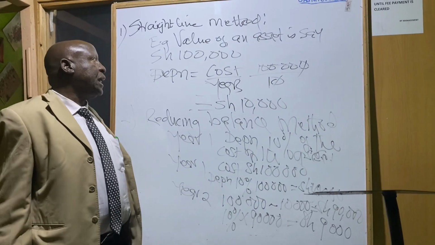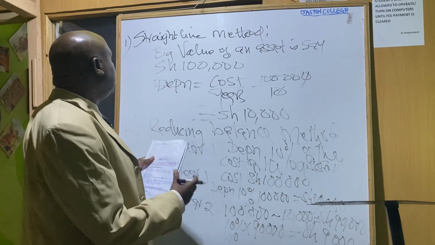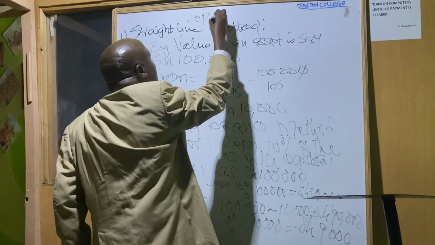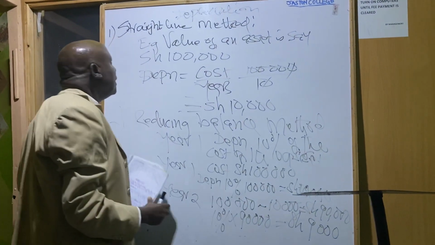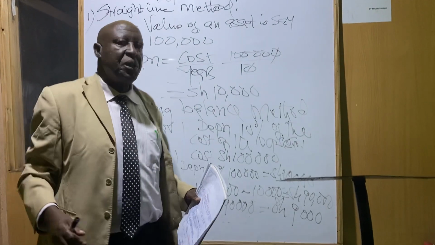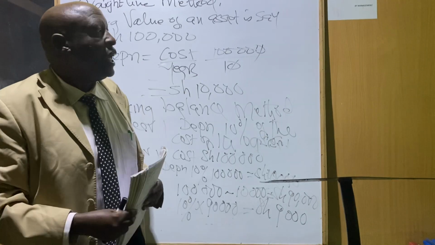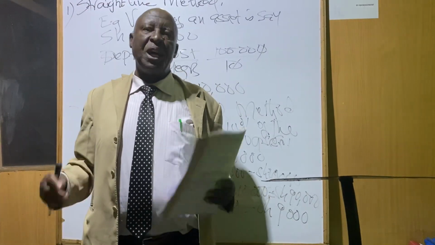So I repeat again. Our topic is depreciation. I said when I began this class that depreciation happens when an asset is used over time.